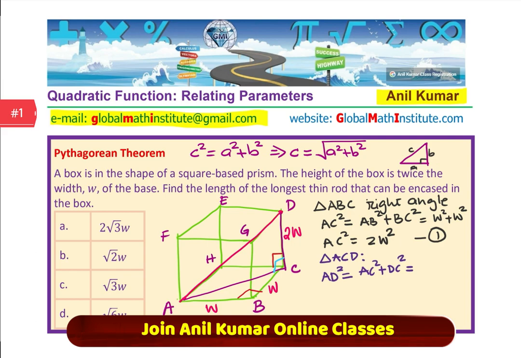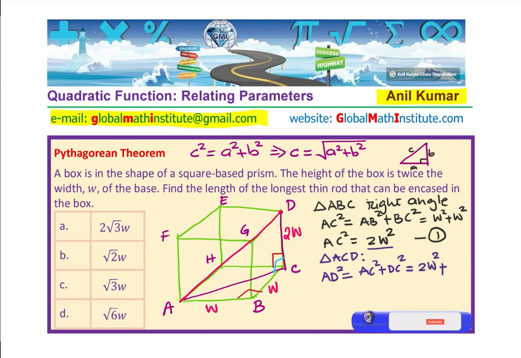Now AC square we just found is 2W square. And we know D to C is 2W, that means it is the square of 2W. So we can open that bracket. We get 2W square plus 2 square is 4, 4W square. And that gives you 6W square. So what is AD equal to? AD will be the square root of 6W square.